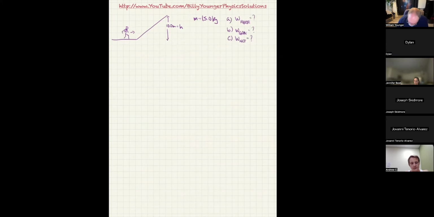So those are the things we're trying to solve. So what we're going to do is work is equal to the integral of F dot dl, which in this case just becomes F times D times cosine theta. Okay.